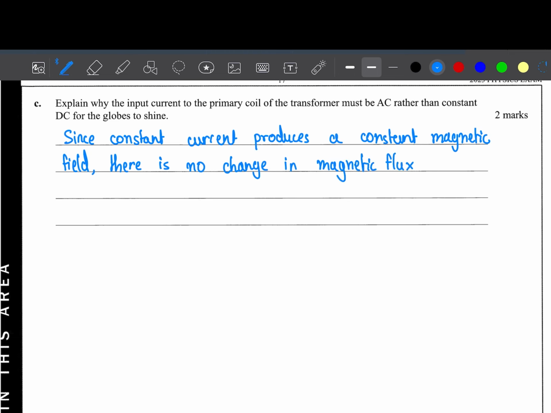Sorry, I got my words the other way around in my head. Okay, which implies that no EMF is generated.